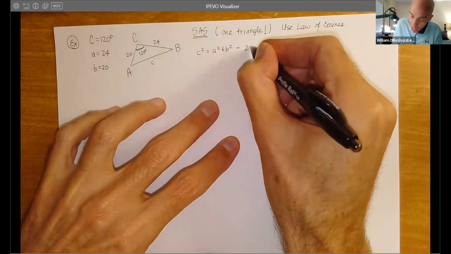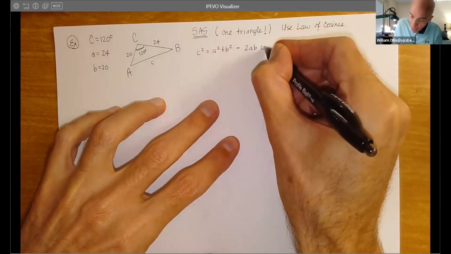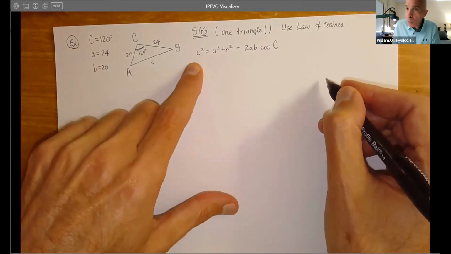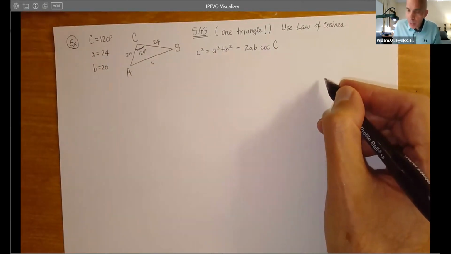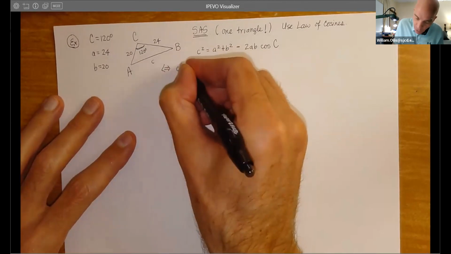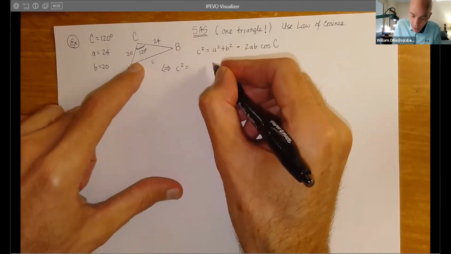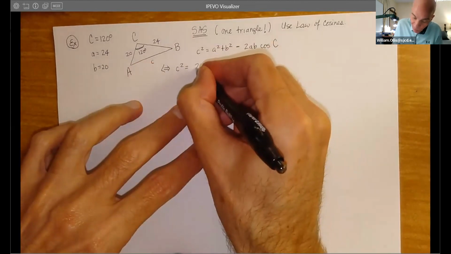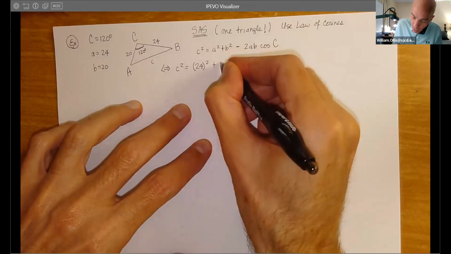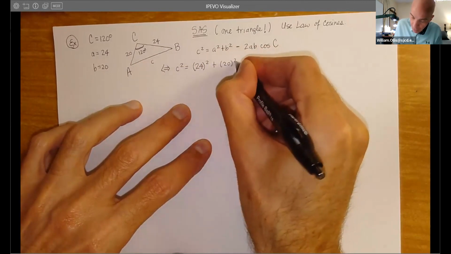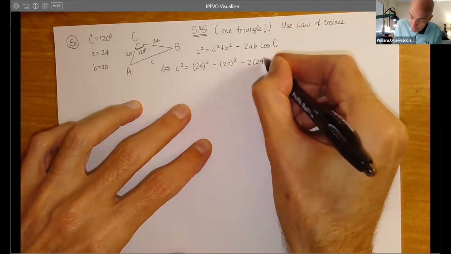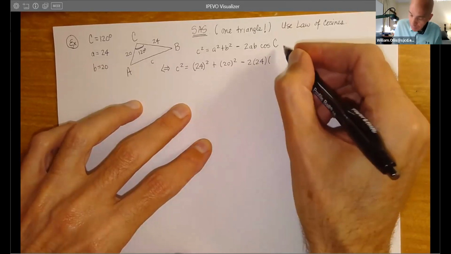Minus 2AB cosine of C. And we need C squared, or we need C or C squared, so we're good. So let's fill it in. So we have C squared equals, in this case, 24 squared plus 20 squared minus 2 times 24 times 20.